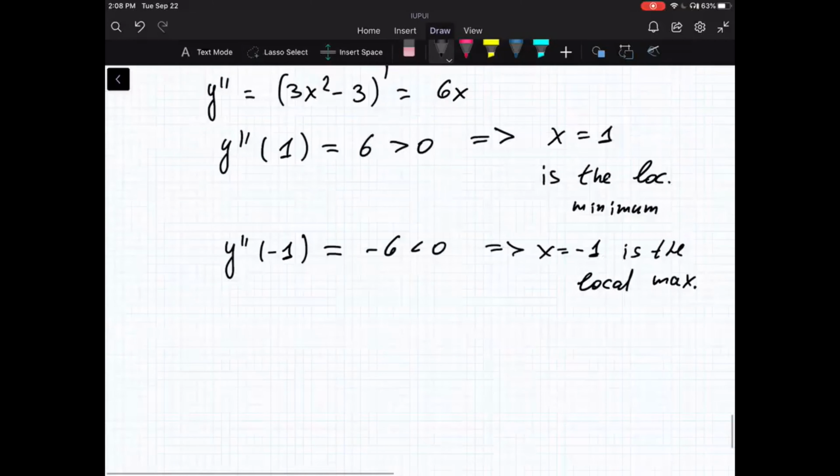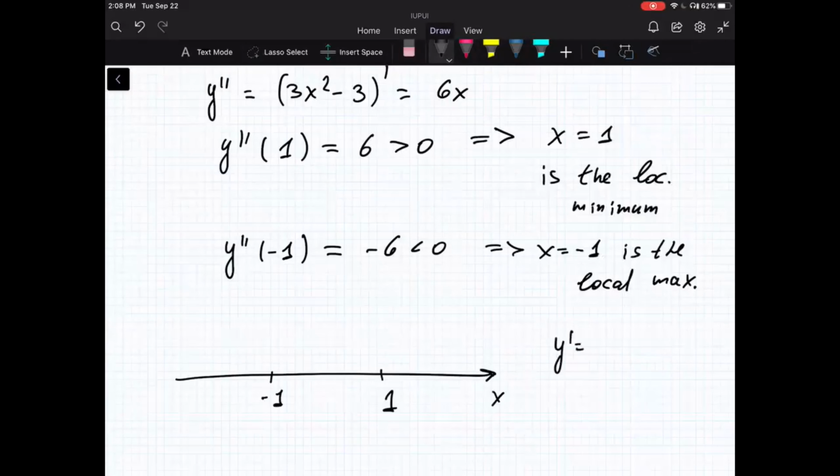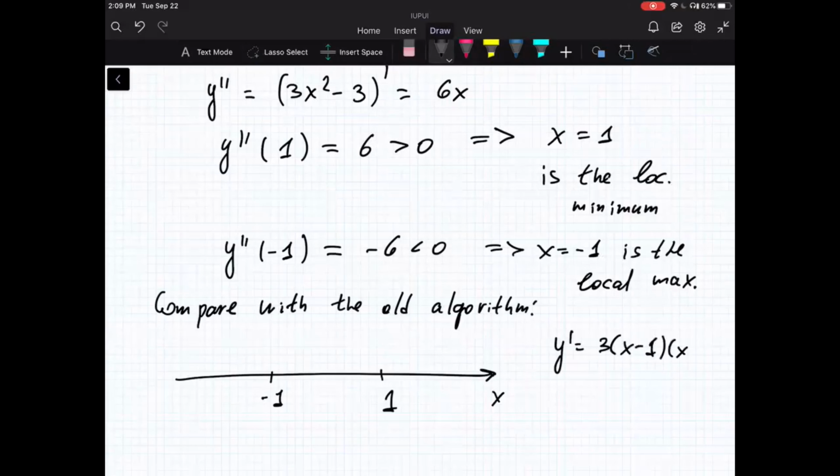Of course, we obtain the same result with our previous algorithm. If I put minus 1 and 1 here, my first derivative, if I factorize it, is 3 times (x minus 1)(x plus 1).